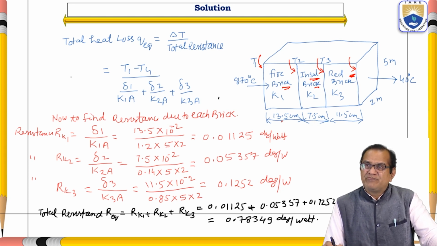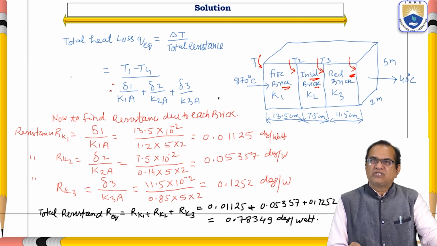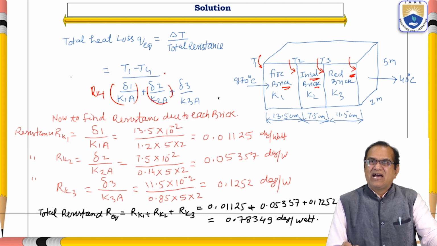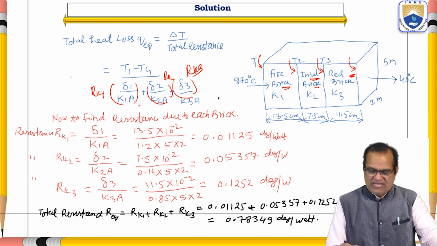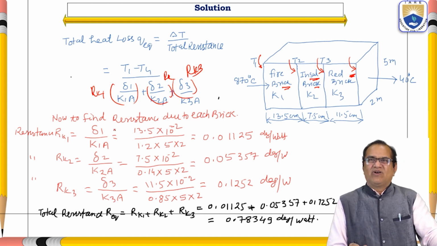It is divided by delta 1 by K1A plus delta 2 by K2A plus delta 3 by K3A. So we have to find out the RK1. So this we can say as RK1, this is RK2, and this is RK3. So this RK1 is equal to delta 1 by K1A.